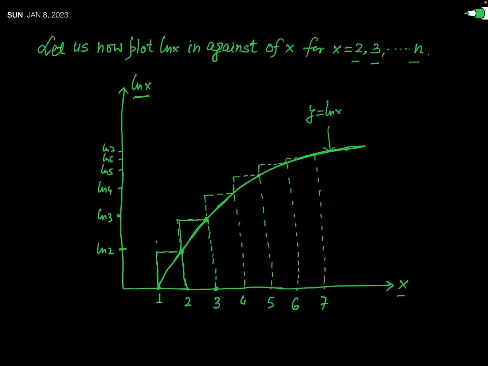So the area of AB21 will be what? The length of this side of this rectangle is equal to log 2. Okay, and this length is 2 minus 1, that is 1. So the area of AB21 is equal to log 2 into 1.